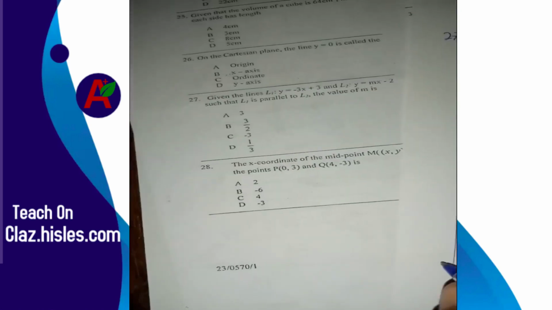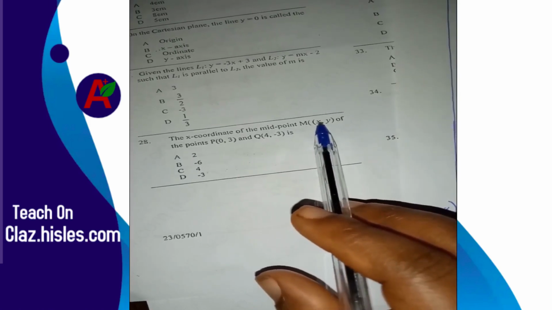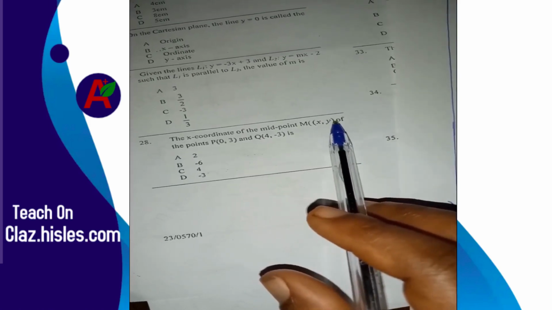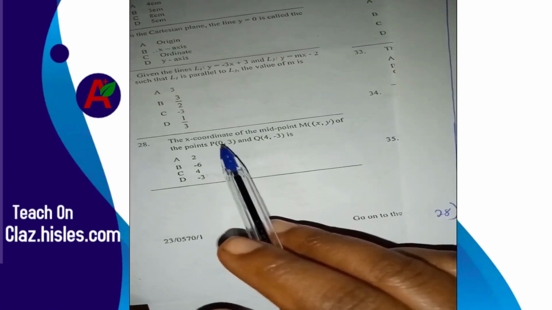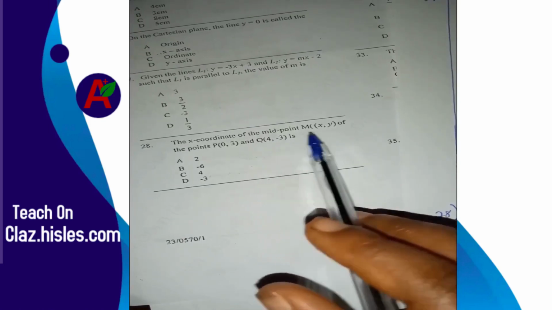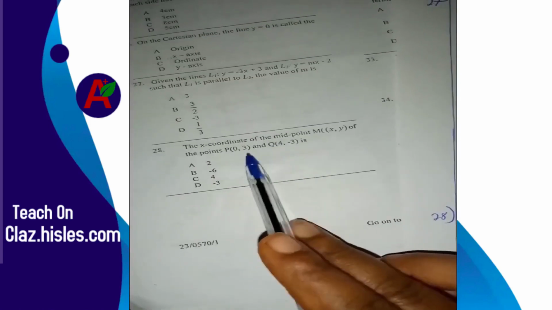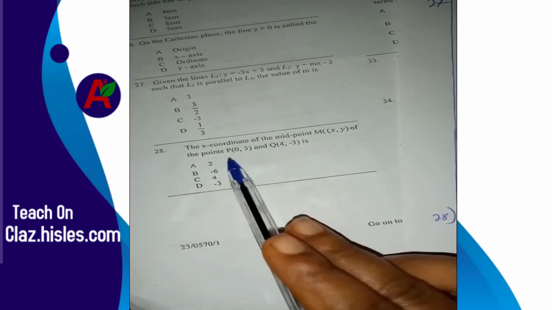Question 28. The x-coordinate of the midpoint M is our midpoint of the points 0, 3 and 4, negative 3. So what is the middle of 0 to 4? That's our x-coordinate. We're looking for the midpoint between these two points.